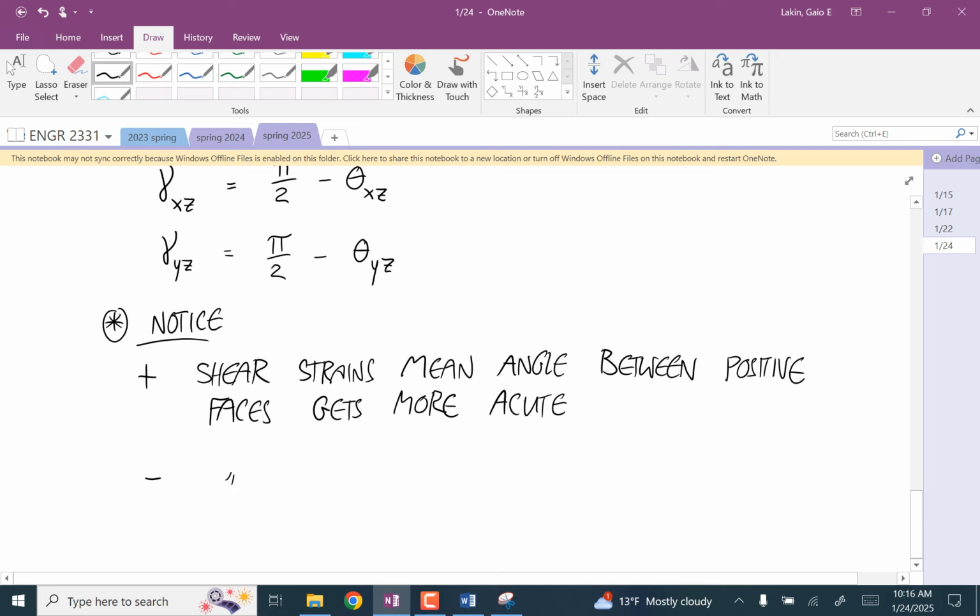And a negative shear strain means the angle between positive faces gets more obtuse.